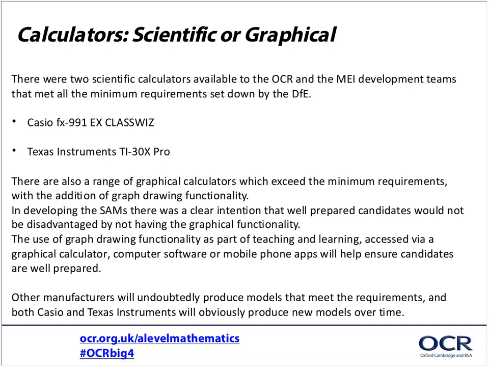Now obviously these are the two calculators we've been using extensively at the moment. There will be new models from different manufacturers as the new A-levels come into live, and there will be updated models from Casio and Texas in due course.